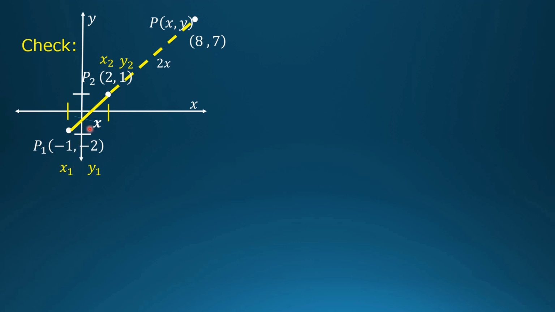We are going to represent by D sub 1 the distance from P sub 1 to P sub 2. So D sub 1 is equal to the square root of the quantity x sub 2 minus x sub 1 squared plus the quantity y sub 2 minus y sub 1 squared. We substitute 2 for x sub 2, negative 1 for x sub 1, 1 for y sub 2, and negative 2 for y sub 1.